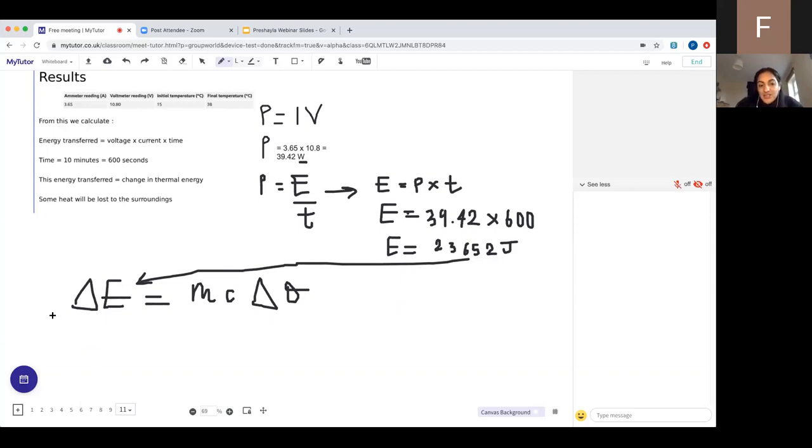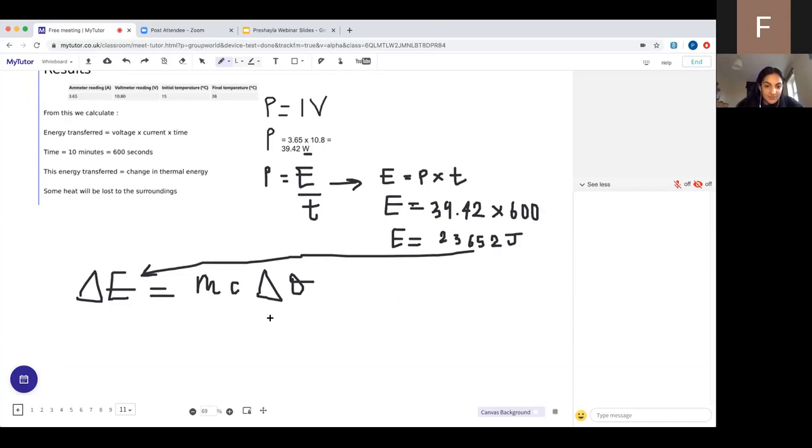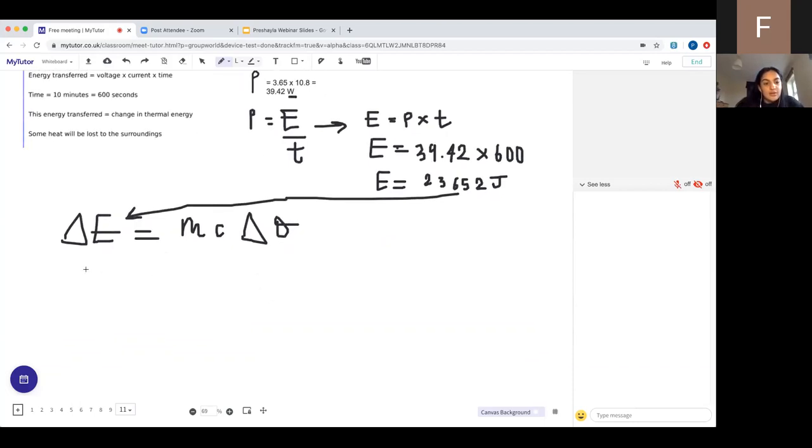So let's rearrange our equation for specific heat capacity. We're going to divide both sides by mass. So we get C delta theta on the other side.